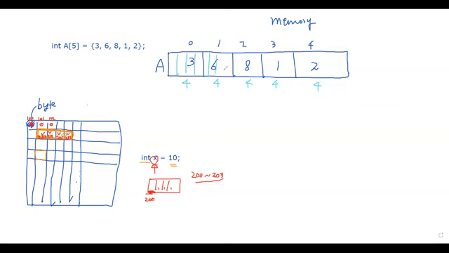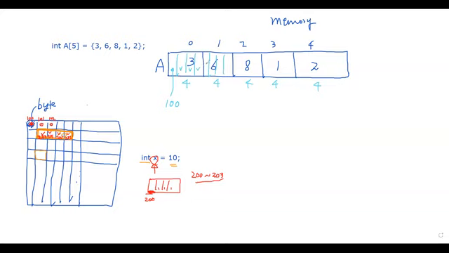If the address of the first cell, the first byte, is 100, then the next bytes are 101, 102, 103.